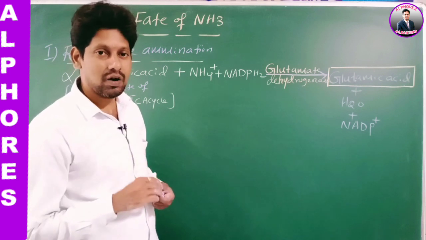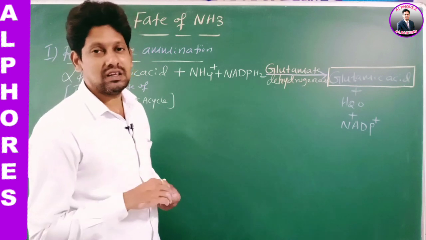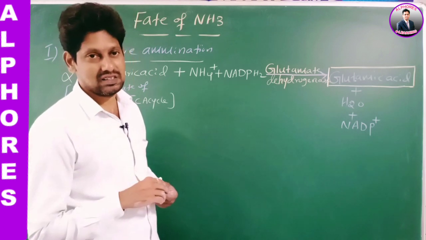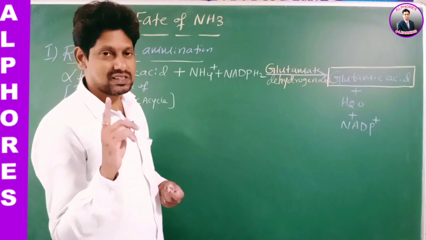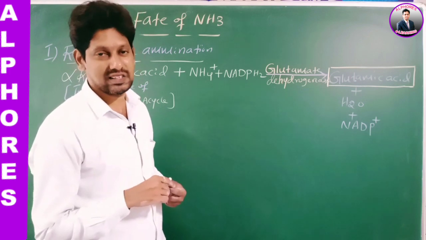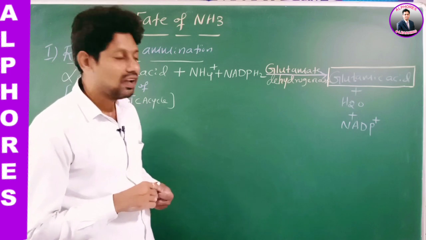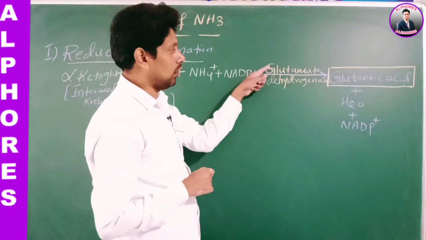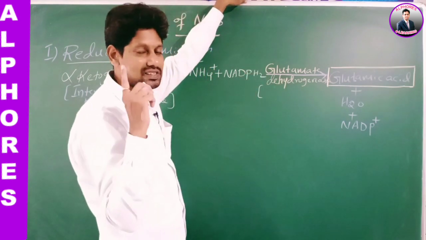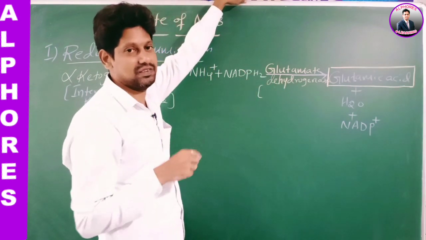Just remember now, according to IUB, enzymes are classified into 6 classes. The first class is oxidoreductases. This enzyme, glutamate dehydrogenase, comes under the first class of IUB classification.